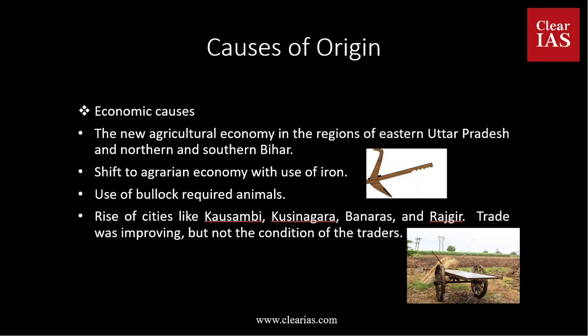Now people required animals for agricultural purposes because life was becoming more and more sedentary. So now people were wanting to use these animals which were kept for pastoral purposes in the Vedic economy.